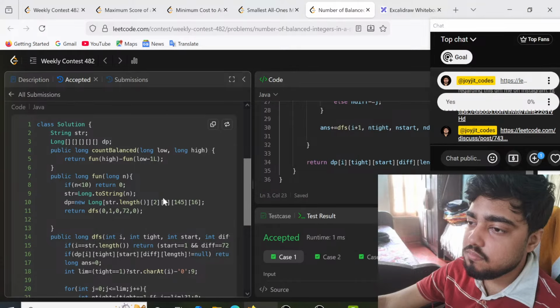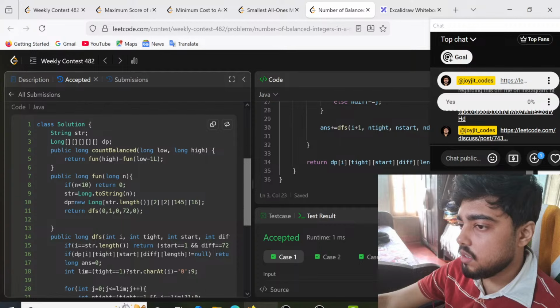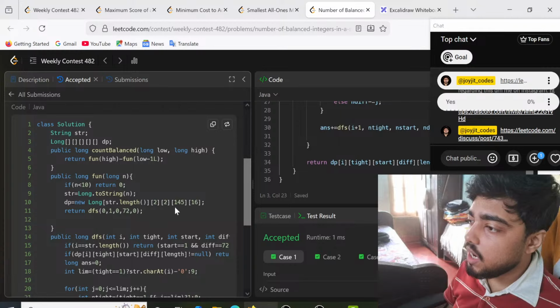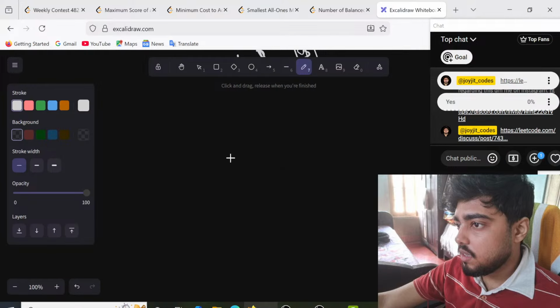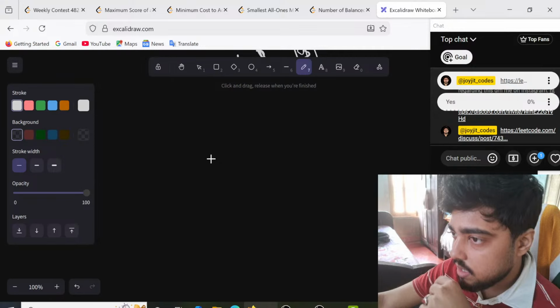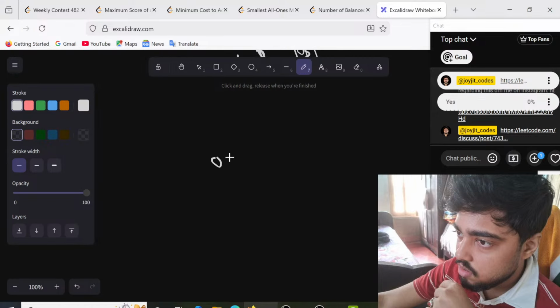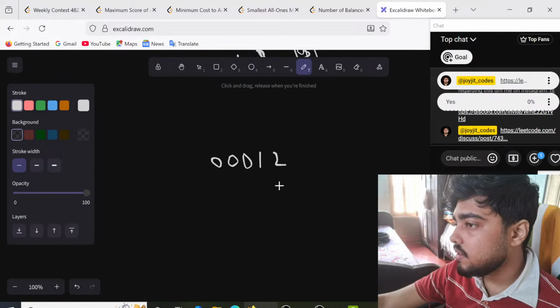Start is basically to find out whether there are leading zeros or not. Because if there are leading zeros, it may happen like this. Let's say there is 0, 0, 0, 1, 2. What is the difference between odd and even digits?